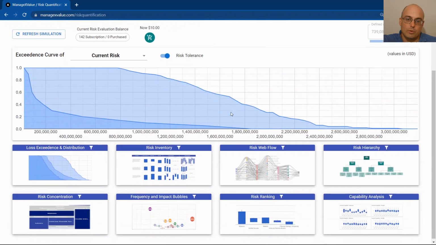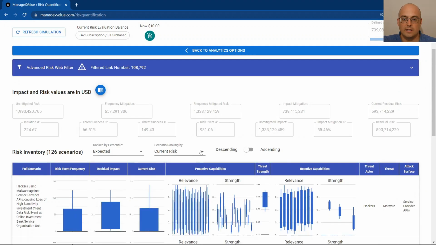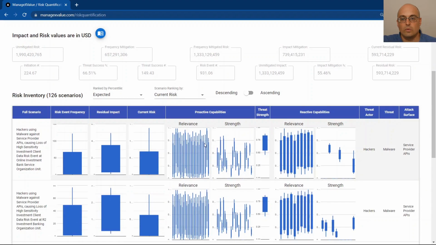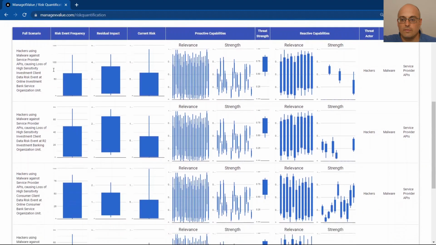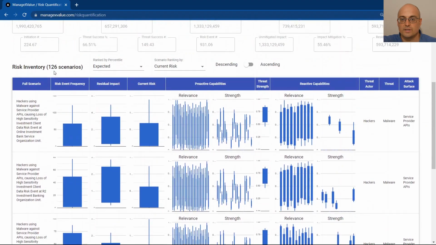Another very important factor is understanding what drives the risk itself. When we focus on the risk inventory, there are 126 scenarios out of 1,000 in this analysis that focus on the risk coming from malware targeting the service provider APIs.